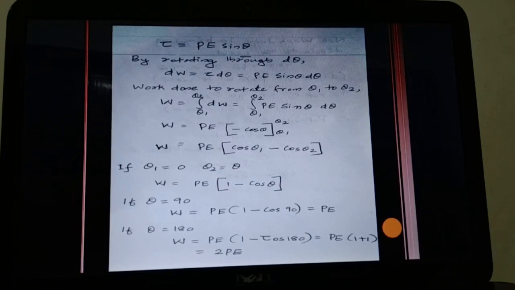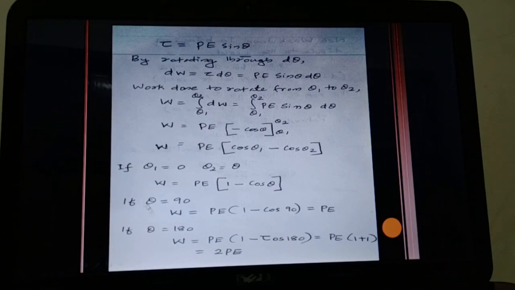Then suppose theta is equal to 90, which means initially theta 1 is equal to 0. That means initially you are placing the dipole along the direction of the electric field, parallel to the electric field. Now you are rotating through an angle 90. That means from the parallel direction you are making it perpendicular.